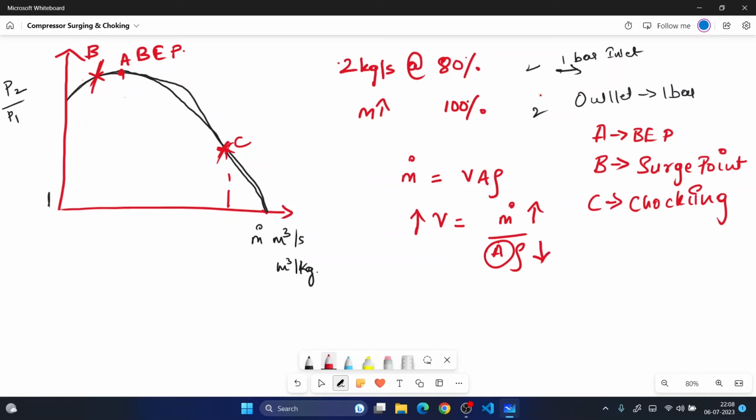Since the area is constant, the mass flow rate we are increasing, and we get a velocity to be very high. So at a certain point, we may reach the sonic velocity, for a Mach number of 1, which means that the velocity of the gas will be equal to the speed of sound.